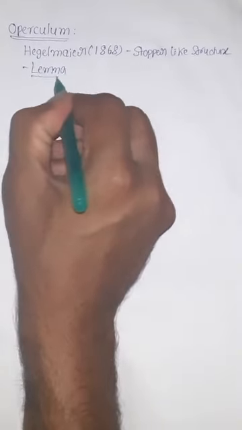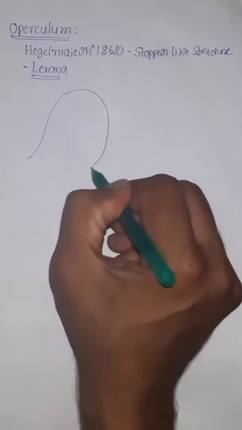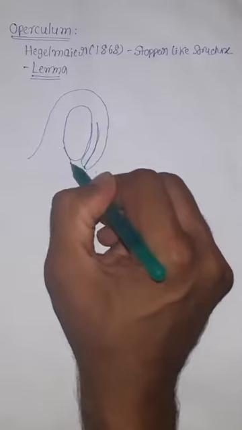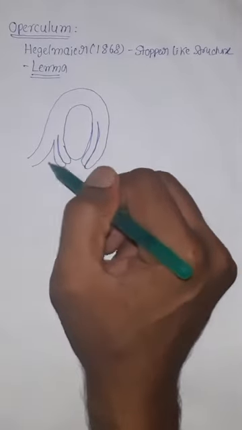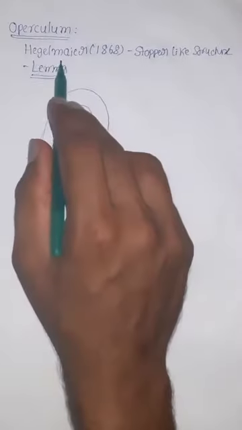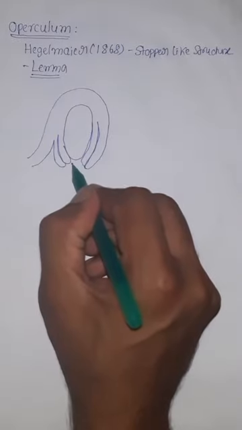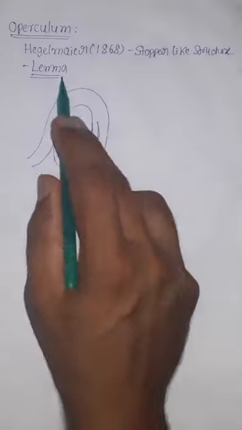In the Lemna ovule, he observed a stopper-like structure. Here it is the ovule, these two are integuments, and this is the nucellus zone. Hegelmaier observed a stopper-like structure at the micropylar region of Lemna ovules.